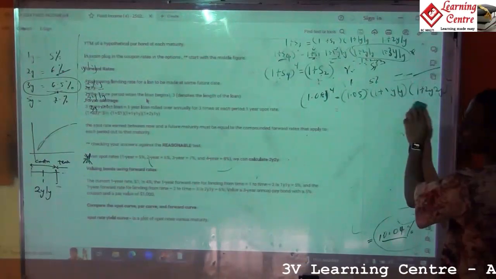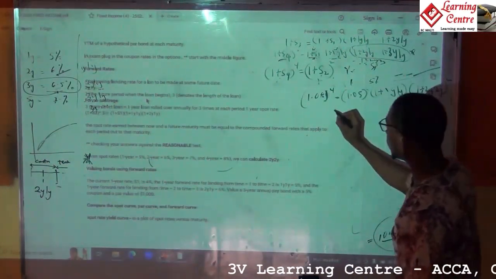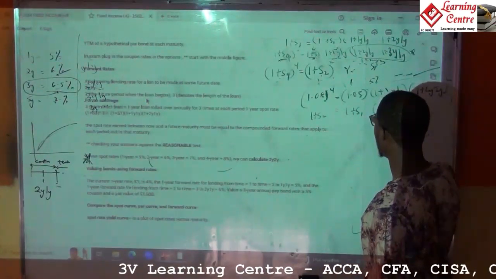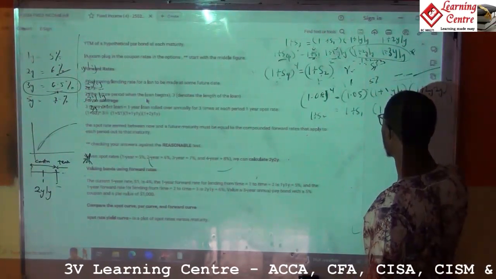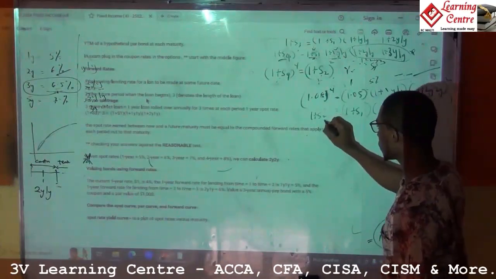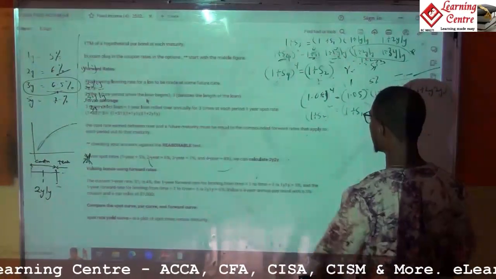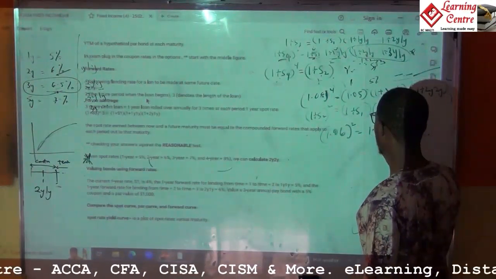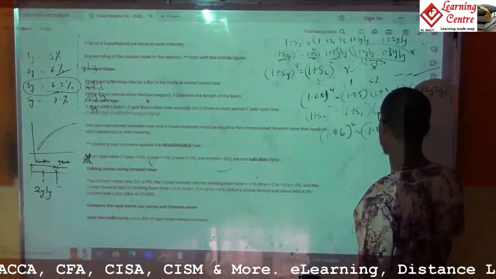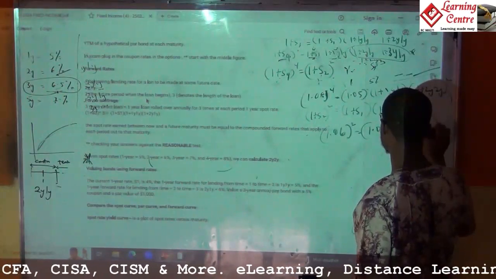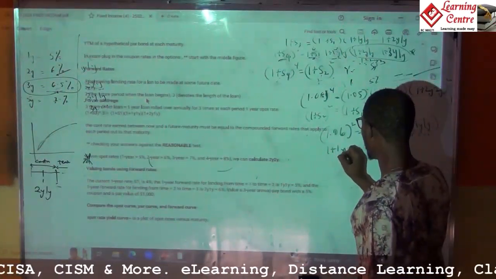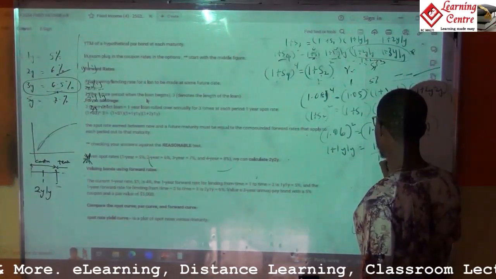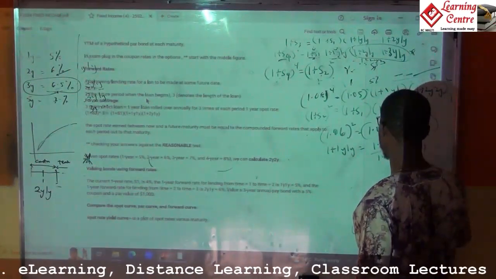You start with your 1 plus S2. This is 1 plus S1, the 1 plus 1y. Right? So my S2 is 6%, 1.06 squared equal to 1.05. So then 1 plus 1y equals 1.06 squared over 1.05 minus 1.